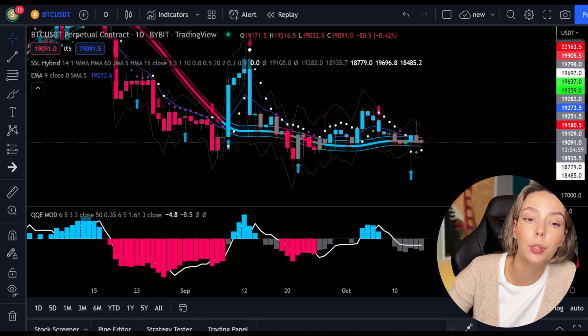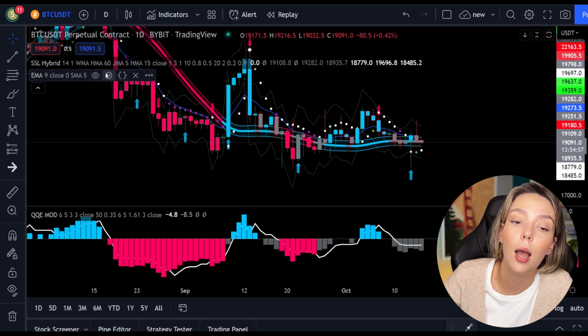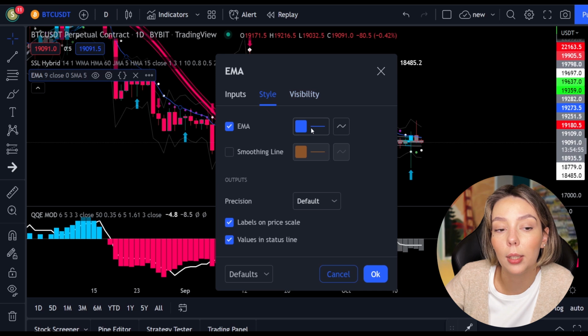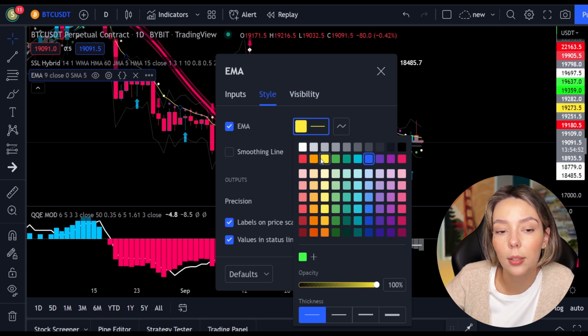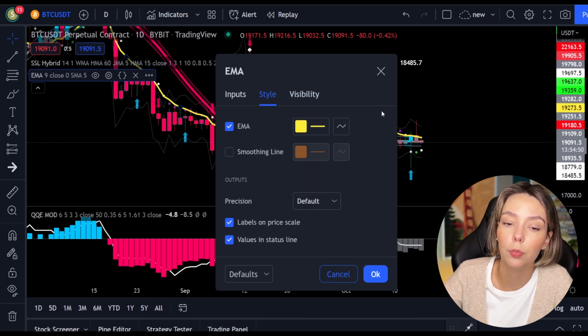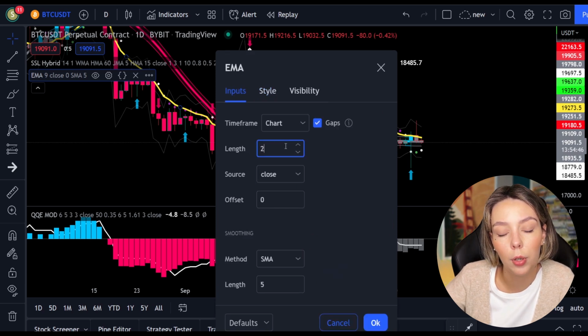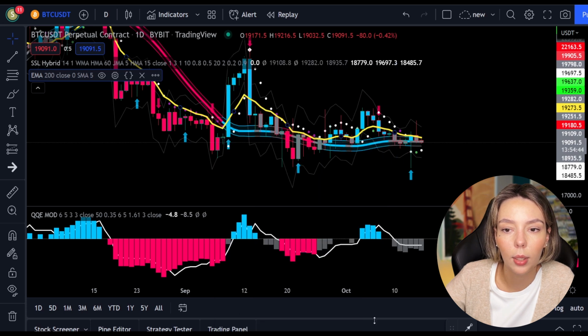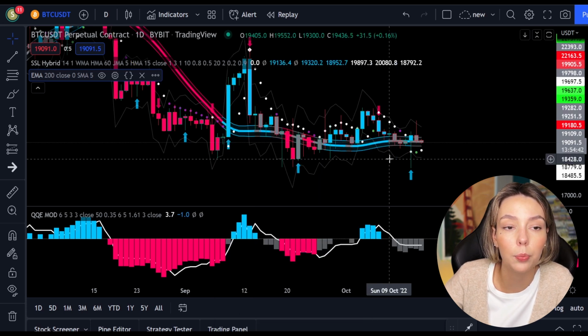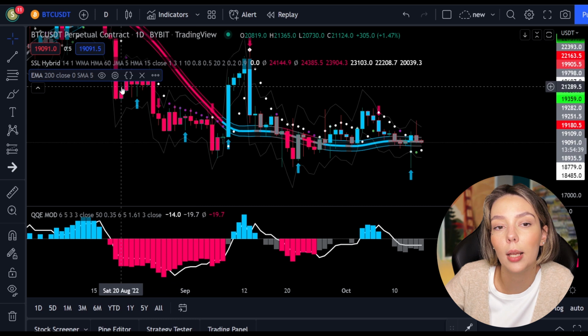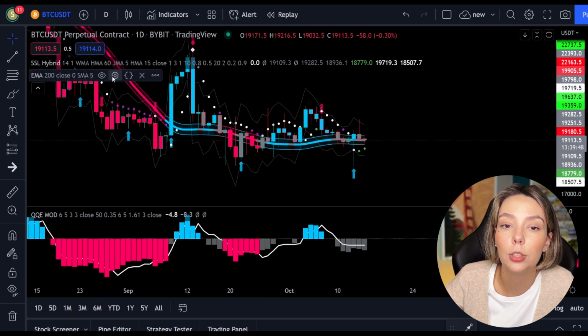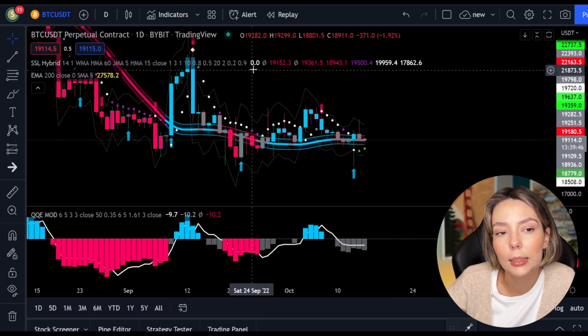We're going to go in settings for EMA, and I'm going to use a different color and make it a little bit darker. And then in the inputs tab we're going to change it from 9 to 200 period EMA. So settings for EMA are done. The next thing is we are going to go in settings for SSL hybrid and make some edits to make it look a bit cleaner.